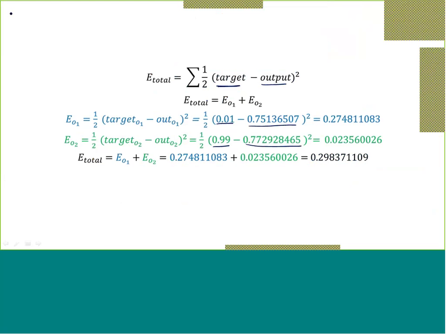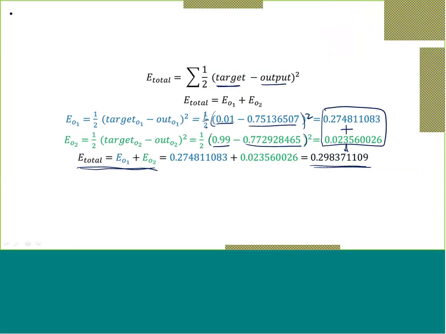I am subtracting it, squaring it, and taking half of it. Finally, I am adding these two expressions, and after adding them, I am getting this one. So this is the total error that I am getting.